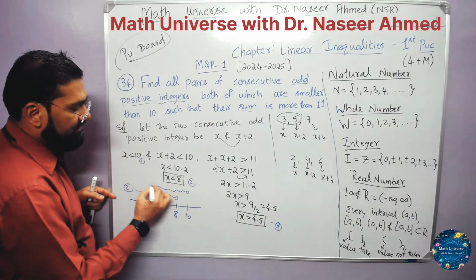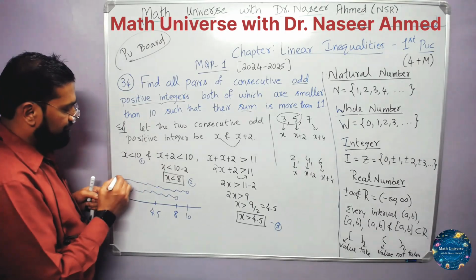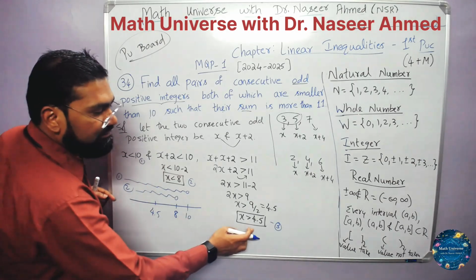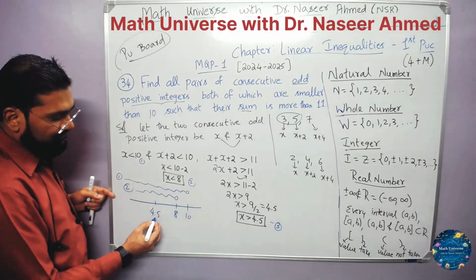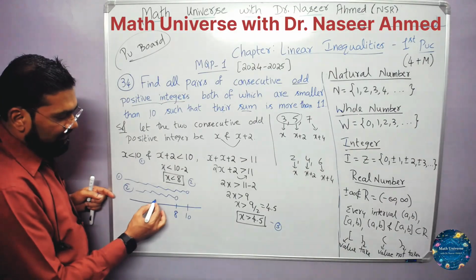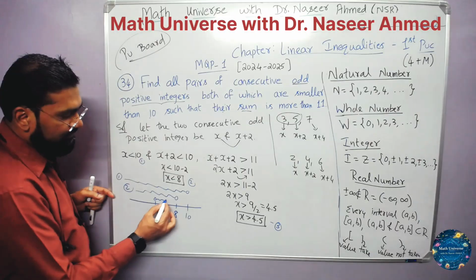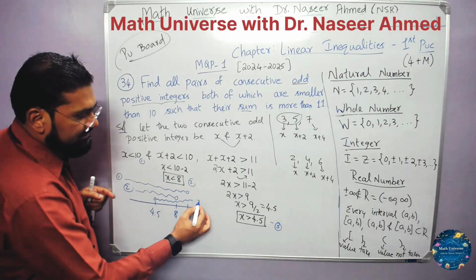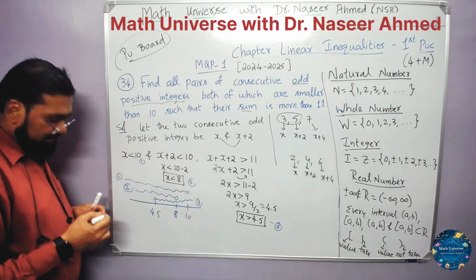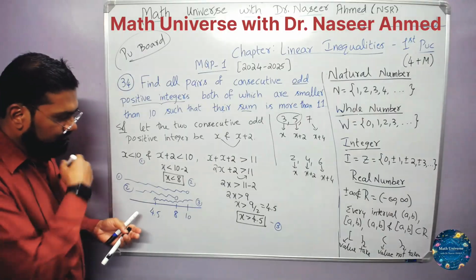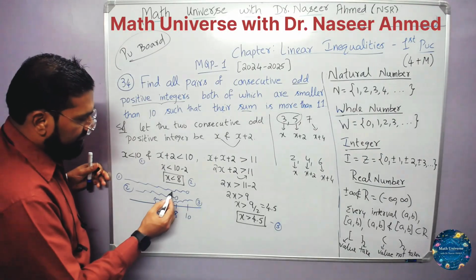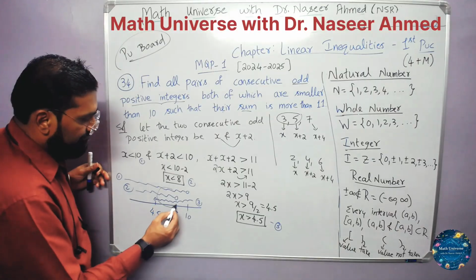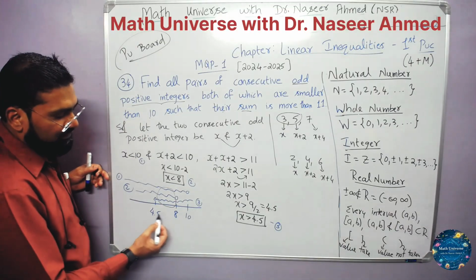So again, less than, left of that. And here, more than 4.5. 4.5 is here, with an open ball, and it's moving this way. I want the common of all. Where do we have common of all? We have it here, which is between 4.5 and 8.